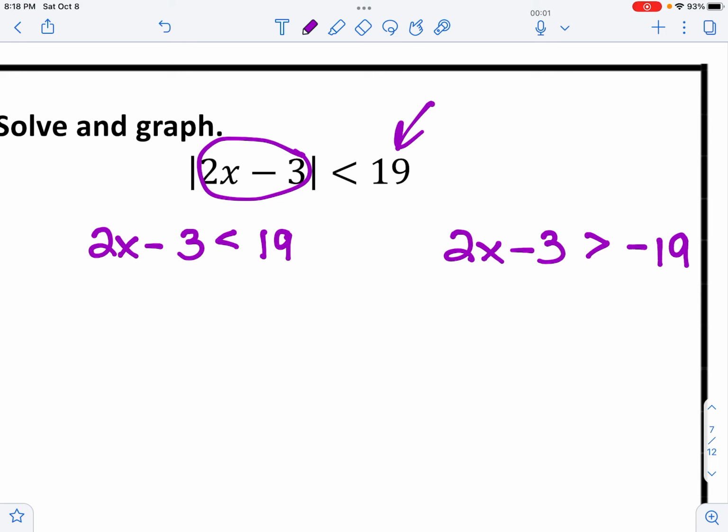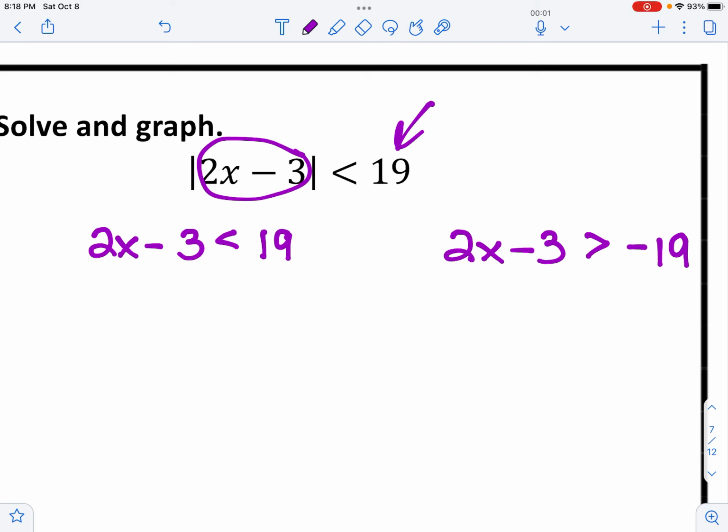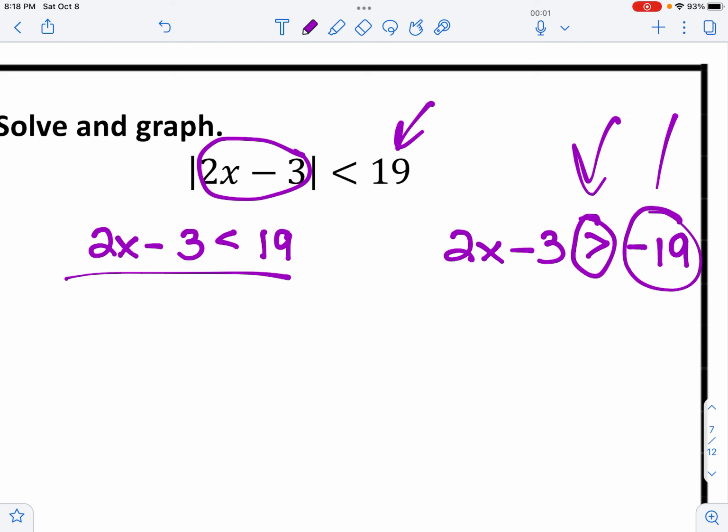So this is where people sometimes call this the KISS method, because you're keeping this one. So keep it, so it's exactly the same as what you have here. And then the other one right here, we do the same thing, but we switch this and we switch the sign here. So keep it, switch, switch. So that's one way to remember it if you're just not sure how to set it up.